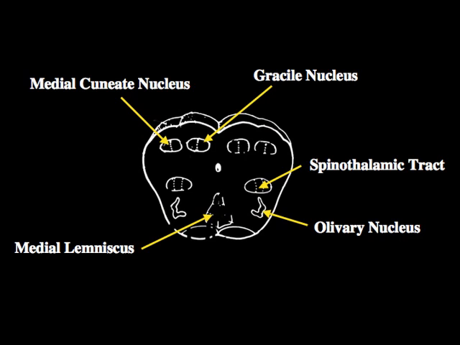Here we've got the cuneate nucleus and the gracile nucleus, which are nuclei, so there are cell bodies there, which sit at the top of the tracts of the dorsal funiculus. They're sitting at the top of the cuneate and the gracile fascicle. Here we've got the spinothalamic tract, coming up more or less in situ, in the localization where it went up the spinal cord.